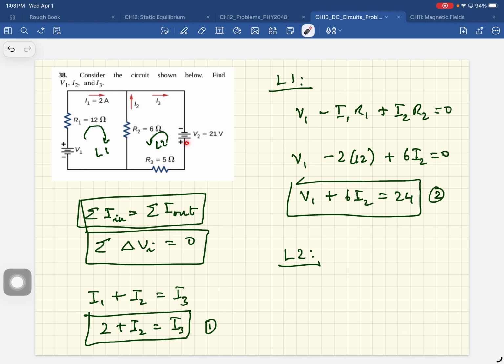You're going from high voltage to low voltage, minus 21 volts. Then you're going against the current, so you're climbing uphill, so it'll be plus I2 R2. And then this current is I3, so you're going against the current, plus I3 R3.